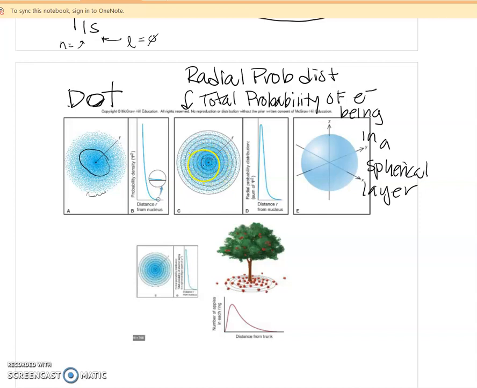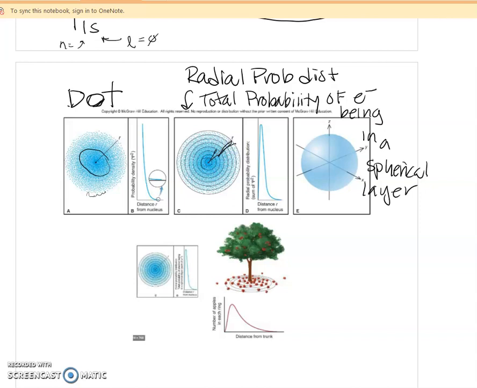So these circles, in 2D, just look like circles, but in 3D, it looks like a shell, just like an onion skin. So we ask ourselves, what is the probability of an electron some distance r located in a shell?